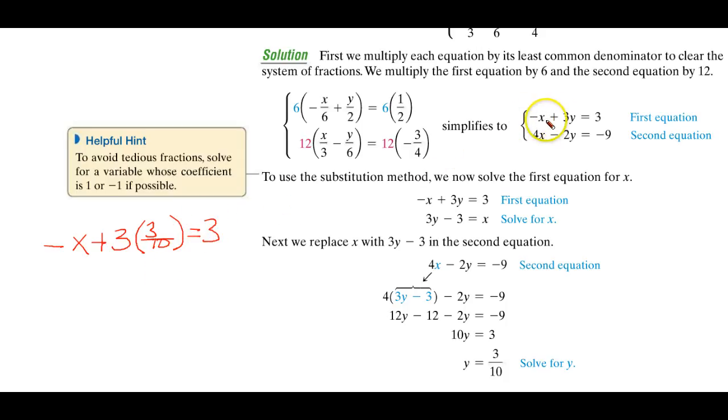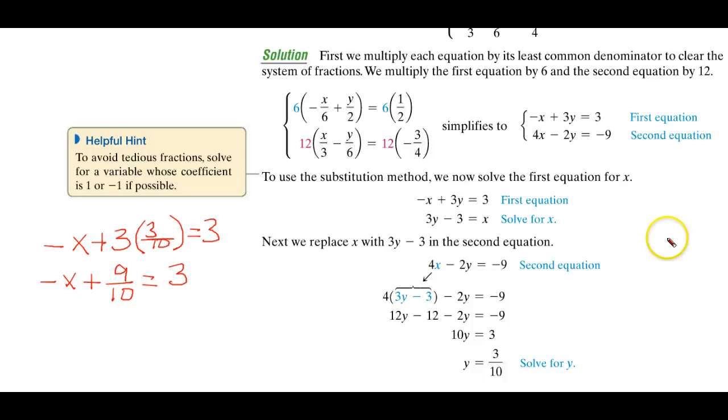So we're using this one here. We're substituting our y value where the y is. Now for something like this, let's do the multiplication. We get a negative x plus 3 times 3 is 9 tenths equals 3.